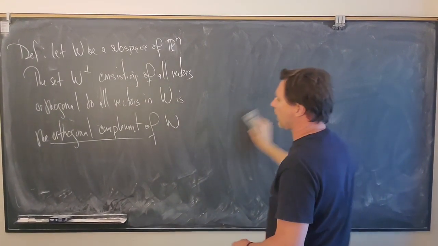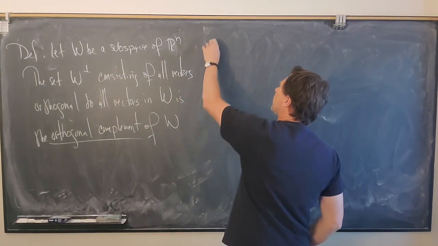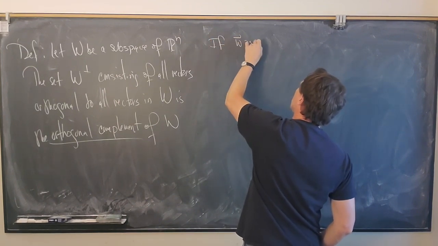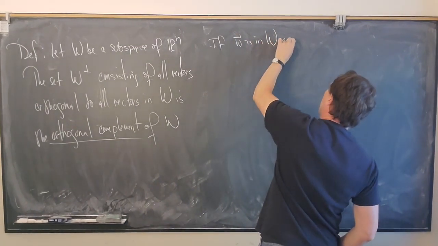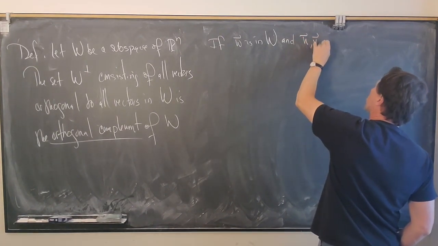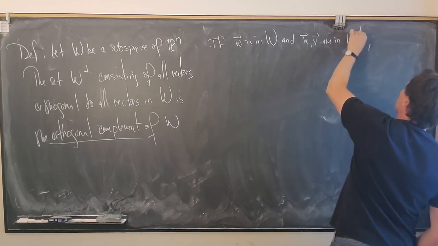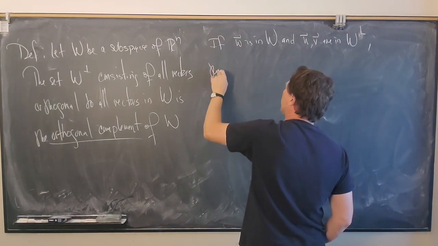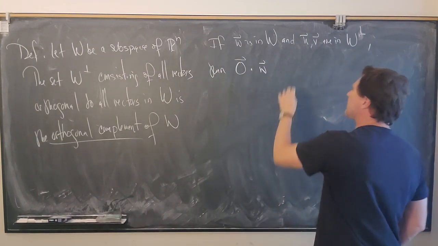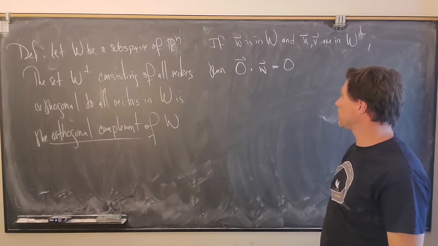Now, remember when we say the word orthogonal, that's the same as saying that the dot product is equal to 0. And so notice that if, let's say, little w is in capital W, and how about u and v are in W perp, then the first thing to notice, if we do 0 dot little w, that's equal to 0, right? 0 vector dotted with any vector is equal to the number 0.